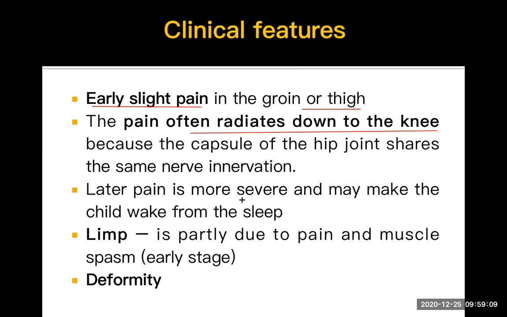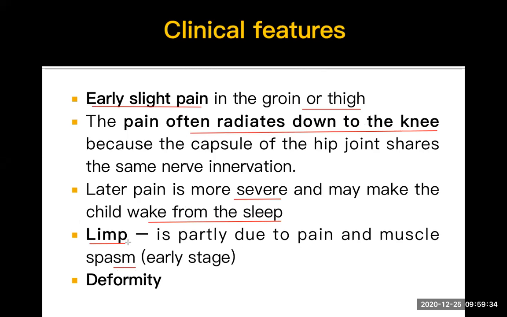Later on, the pain is more severe when the destruction is massive. The pain becomes more severe, and it may make the child wake from the sleep because of the severe pain. Even the adult can suffer like that. Limping is an important clinical feature. It is partly due to pain and muscle spasm.